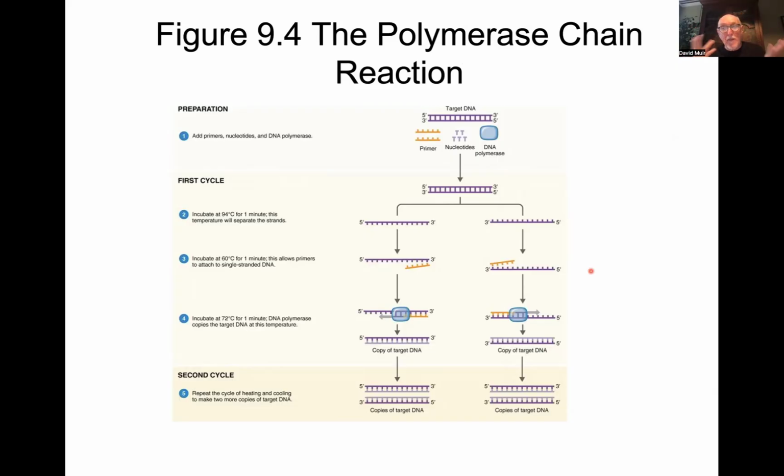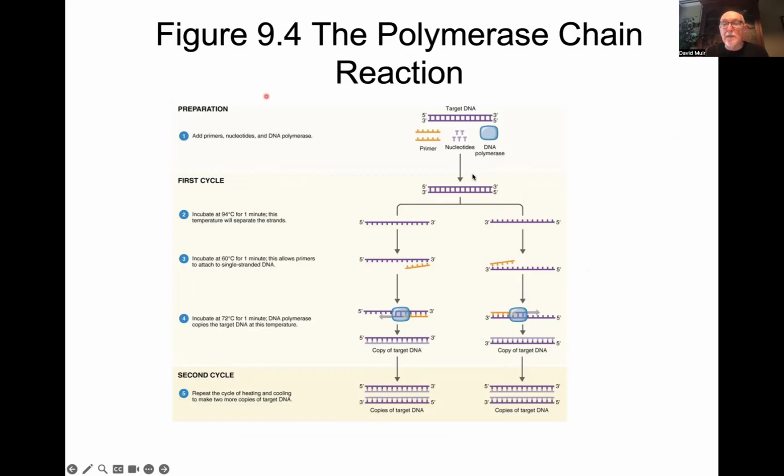The one thing we need to know is the sequence of that piece of DNA, because for each strand that we're going to replicate, we want to know a short sequence on either side of our target DNA to which we can attach RNA primers. And once we know the sequence on either side of our target DNA, we can actually construct the primers. It's very easy to synthesize short pieces of RNA, which we'll use as primers.